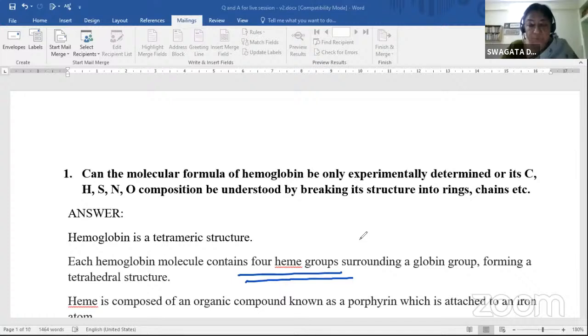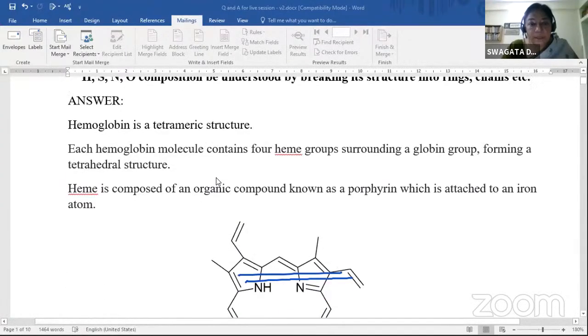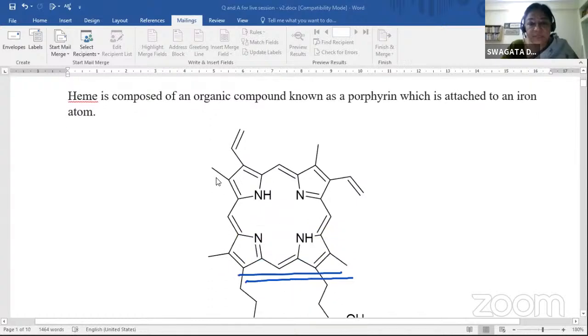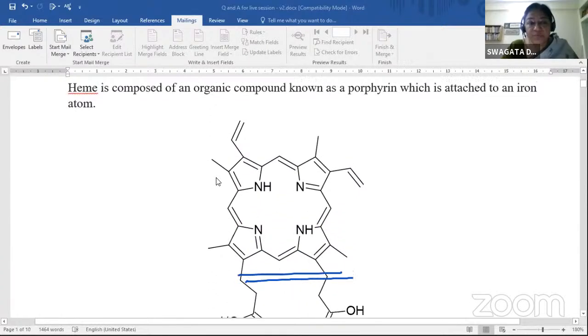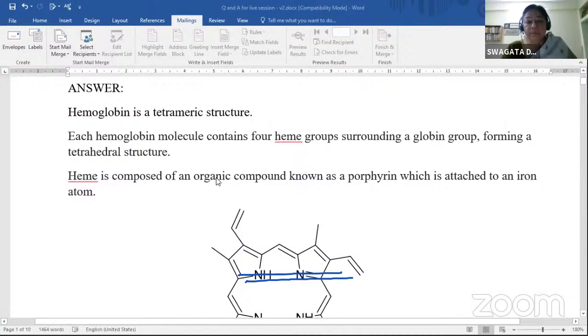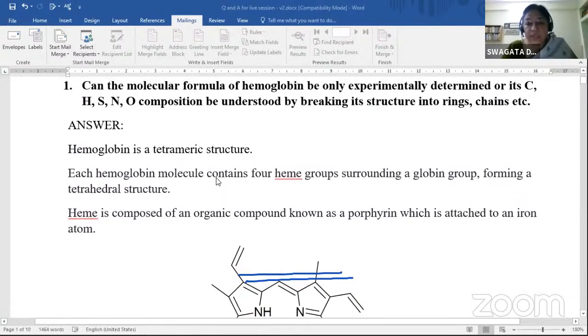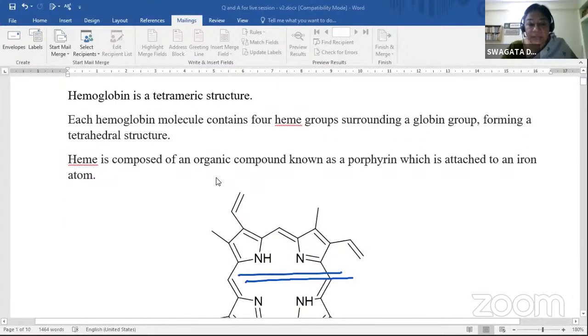Let me scroll my screen. Okay, so what we see is this porphyrin ring. When we look at the heme molecule itself, it is the organic compound known as the porphyrin, which is attached to an iron atom.